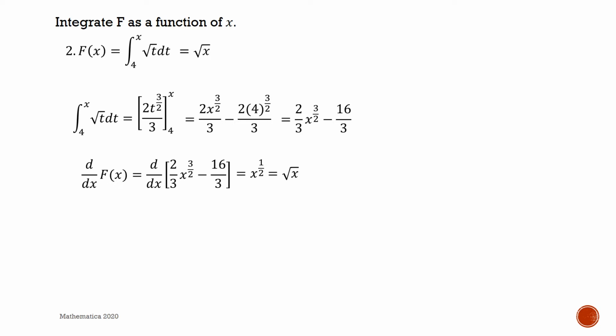Now this works when we have a constant in our lower bound and a variable x in our upper bound. As those upper and lower bounds change, then we need to modify a little bit how we use the second fundamental theorem of calculus. But in the end, all this tells us is that there's a relationship between the derivative of the antiderivative and my original function.